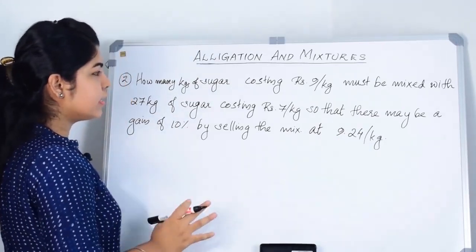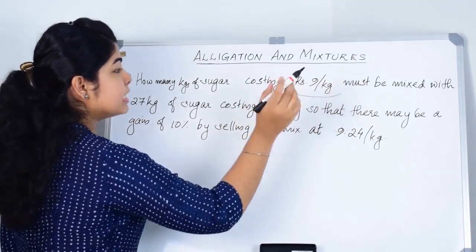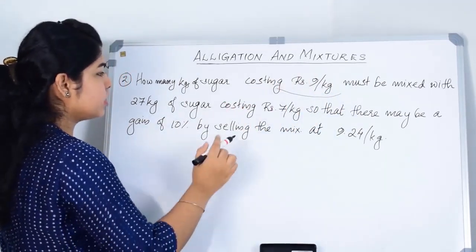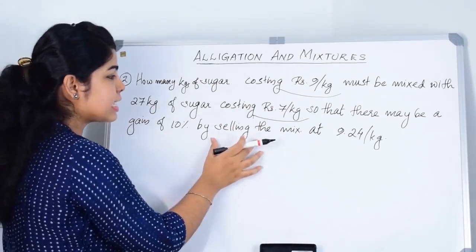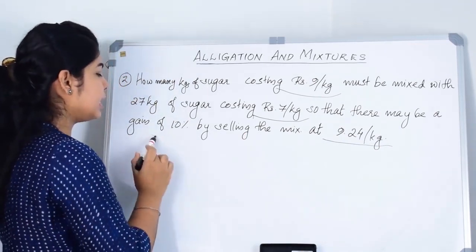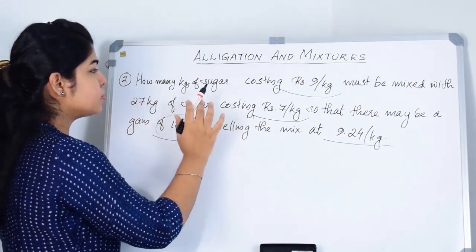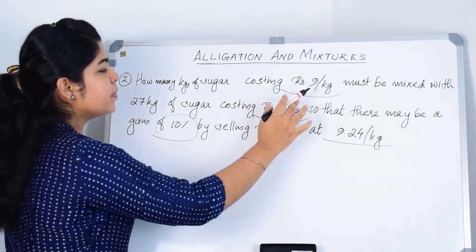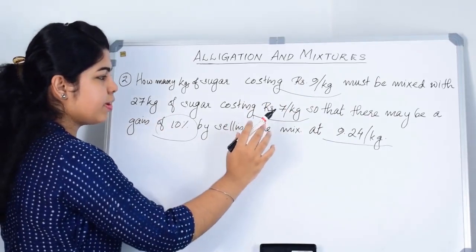So here the given details are, there are two types of sugar, one costing rupees 9 per kg and another costing rupees 7 per kg, and it is selling at 9.24 per kg and thereby gaining 10%. And we are asked to find how many kilograms of sugar costing 9 per kg must be mixed with 27 kg of sugar costing 7 per kg.